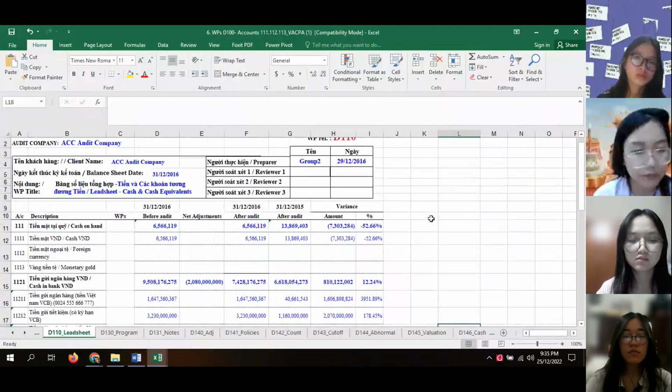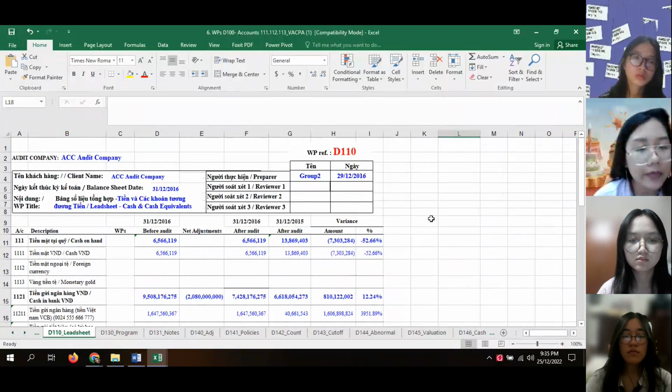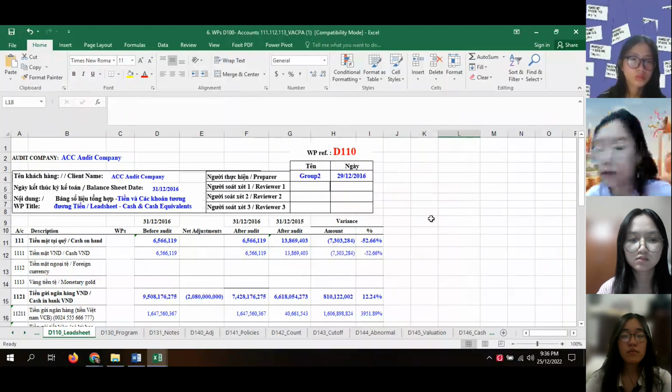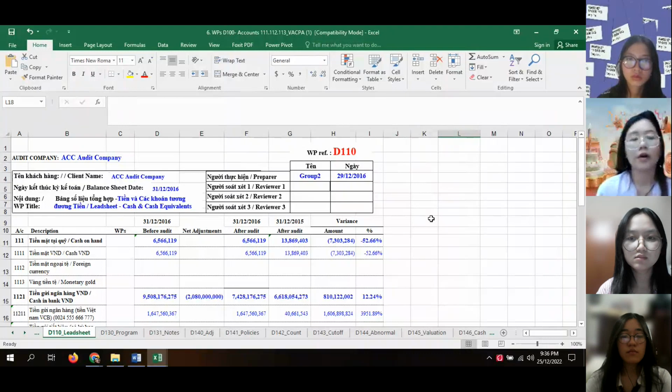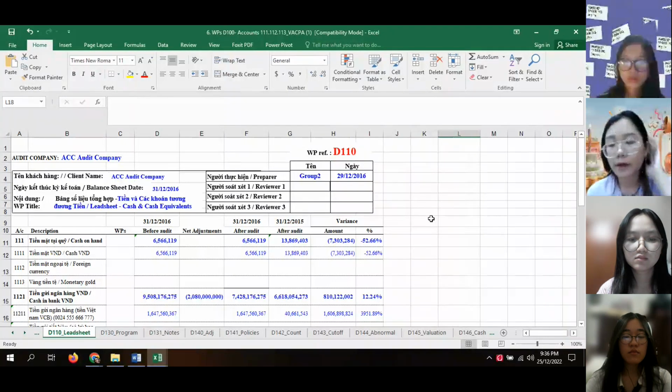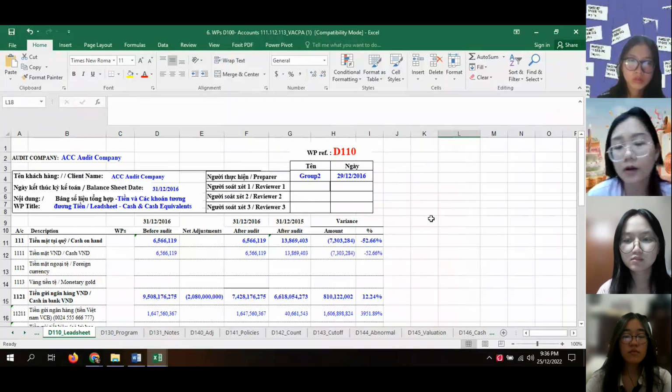This is the leadsheet of cash and cash equivalents, and these numbers conclude all the data that we worked on in another tab.